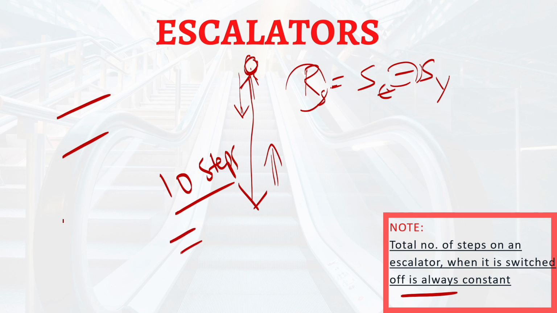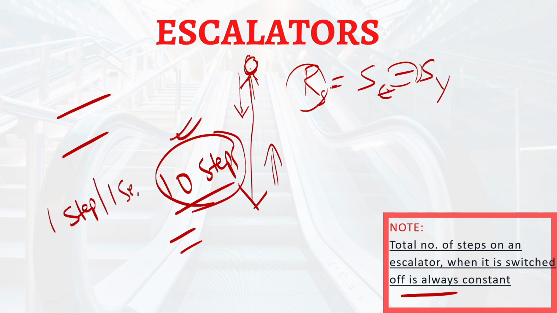And at what speed did you finish these 10 steps? Let's say you finished one step in 1 second. So one step per second, 10 steps can be covered in 10 seconds. So this is your speed. So the distance is counted as steps in the escalator concept. So we have to remember this.